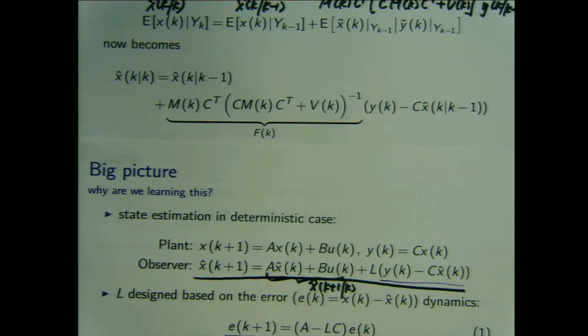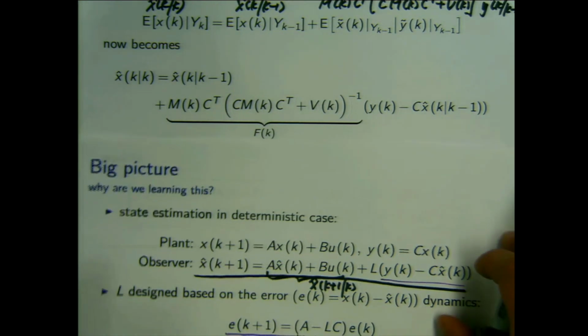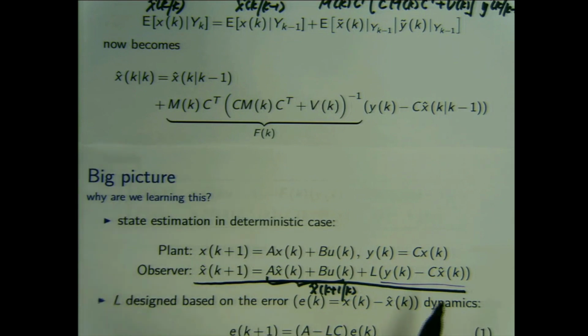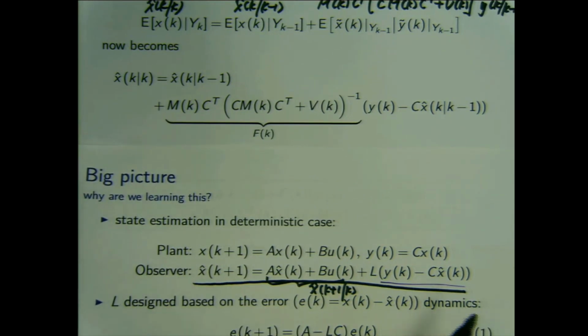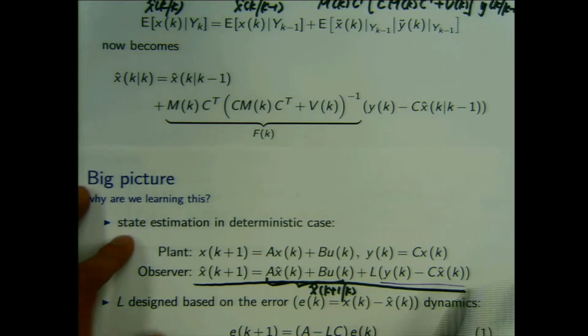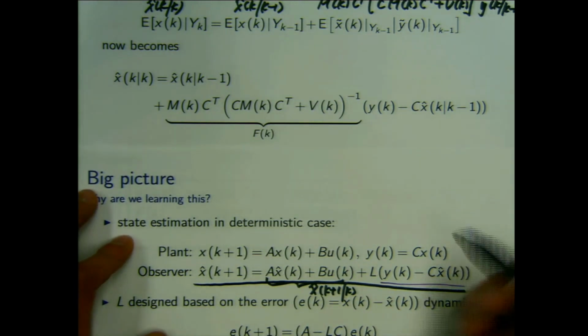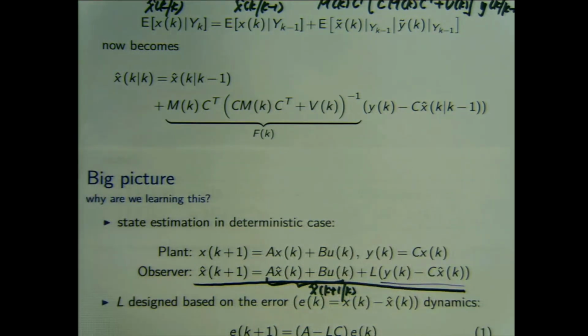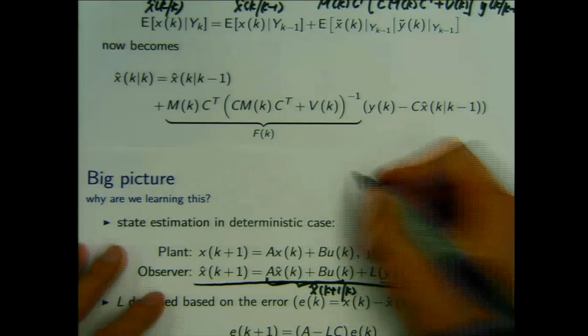So the message from here is that the Kalman filter is a special type of observer. It's optimal in the sense of using the statistic properties of the noises in the system. It's optimal in the sense that the covariance of the estimation error is minimized.